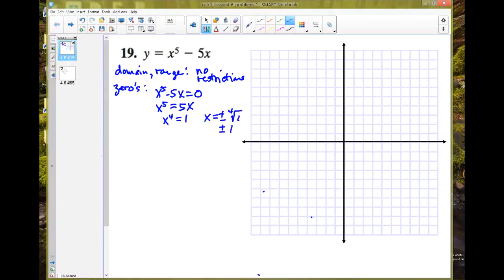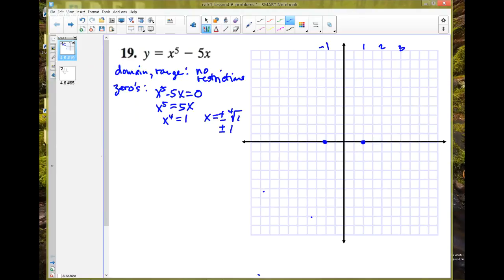By the way, on this graph the boxes are a little too tiny, so I'm going to have each stand for a half. So that's 1, that's 2. I first want to mark a 0 here, and we have zeros at plus and minus 1.